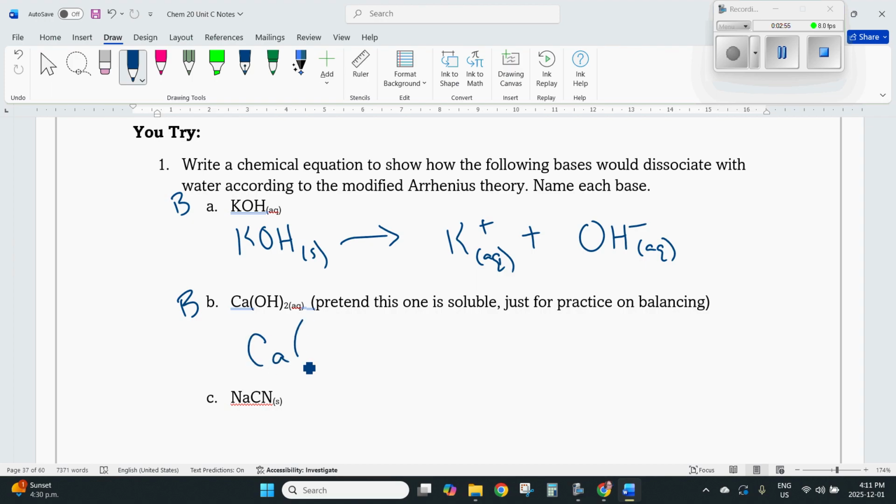So rewrite your Ca(OH)2, technically a solid. Ca stands for calcium, so this one is calcium hydroxide. Our top one was KOH, so that's potassium hydroxide.